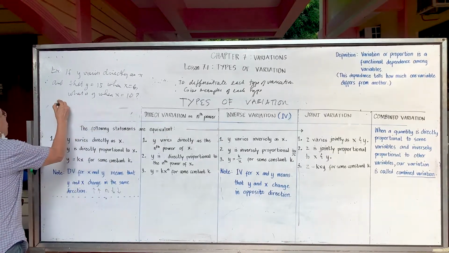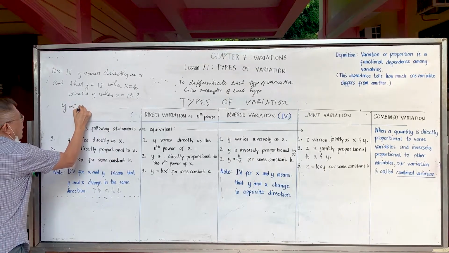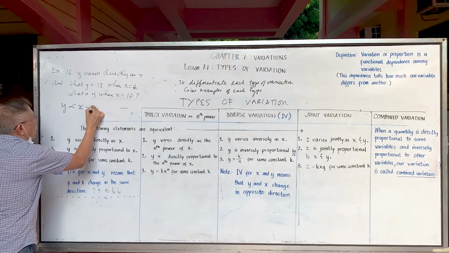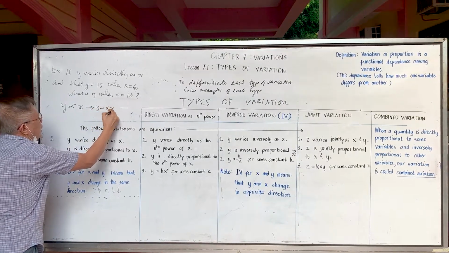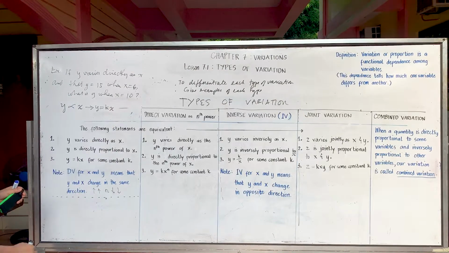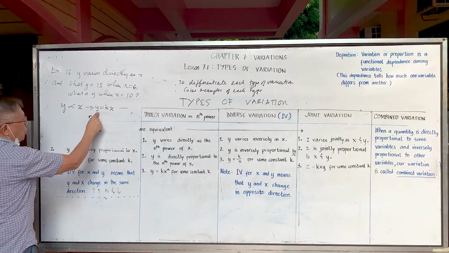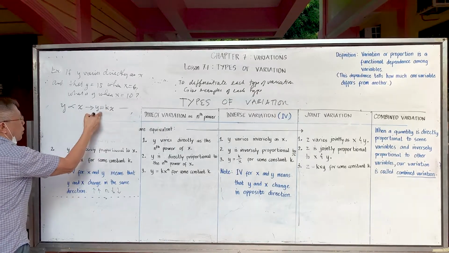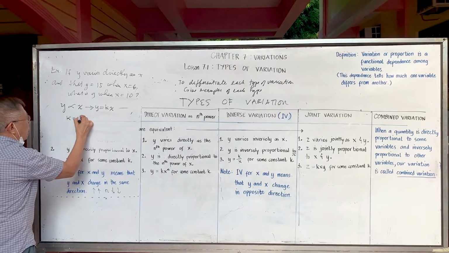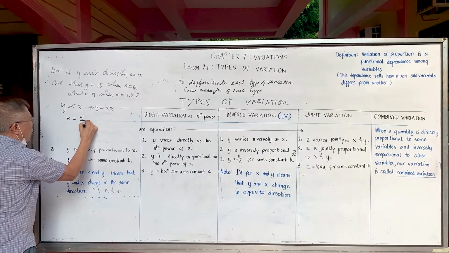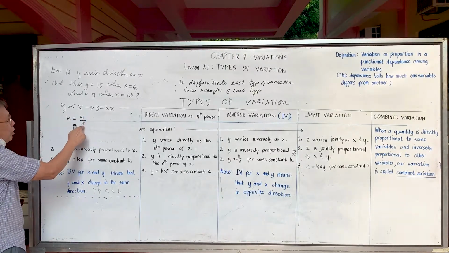If we say y varies directly as x, we can write this as an equality by introducing the constant of proportionality. And from there, instead of doing the substitution here, we are going to get an equation expressing our k. K here would be y over x. So if it is a direct variation, we have a ratio.